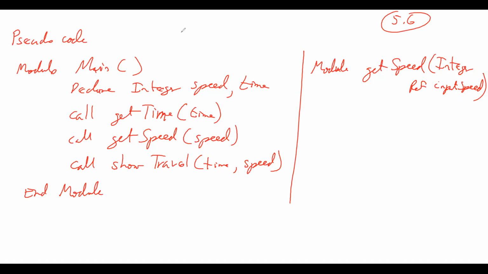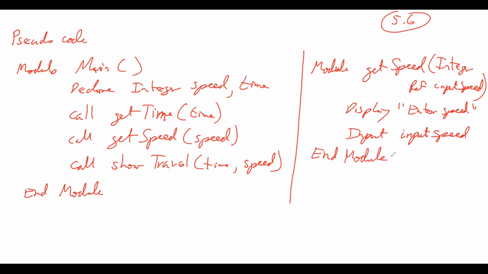All right, so then we do display enter speed, and then we do input speed, and then end module. All right, so that's the pseudocode for those two.